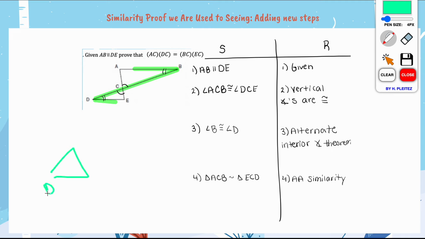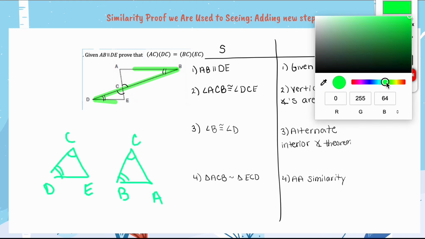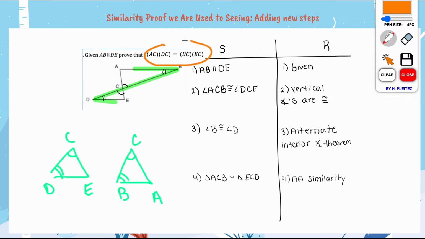Double check that. So we have D, C, E, and then we have B, C, A. Oh no, I think I drew it right. Okay, whatever. All right, never mind. So we want to make sure we draw them in the separate orientation, and then we highlight the sides that this is talking about.